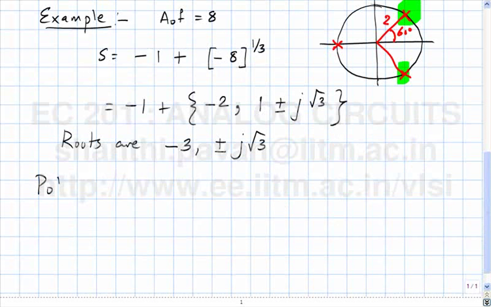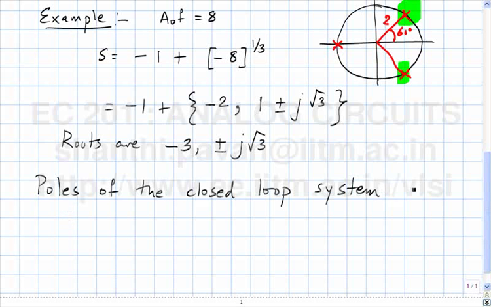The poles of the closed loop system are at minus 3 omega P and plus minus j root 3 times omega P. As we expect, the poles appear in complex conjugate pairs, and definitely plus minus j root 3 times omega P are complex and conjugate.